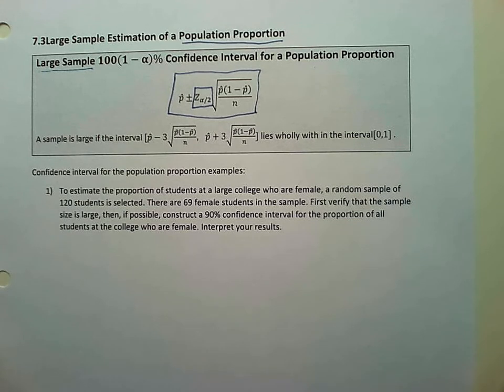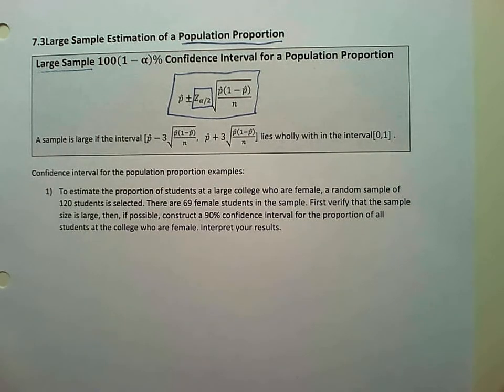To estimate the proportion of students at a large college who are female, a random sample of 120 students is selected. There are 69 female students in the sample. First, verify that the sample size is large. Then, if possible, construct a 90% confidence interval for the proportion of all students at the college who are female. And as always, interpret your results.